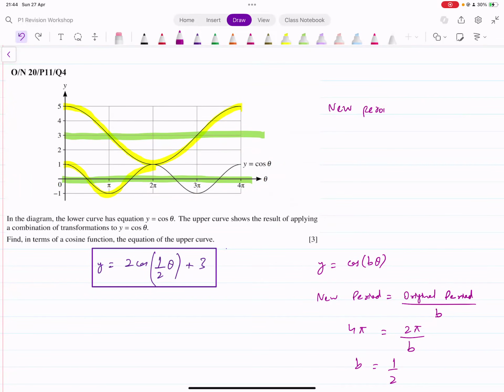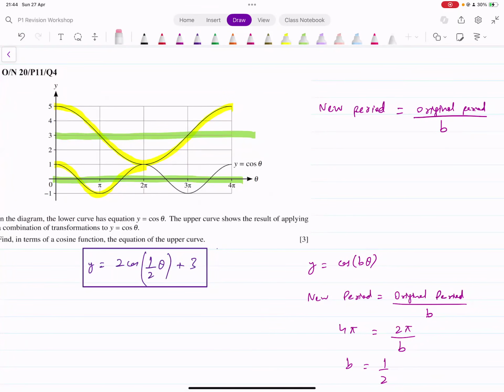The period of the transformed graph is always equal to the original period divided by the number that's multiplying. So let's say this number is b. You can just input values in this formula. Original period of a cos graph, what's that? In radians, that's 2 pi. The period of this transformed graph, that's 4 pi. Find the value of b from that.